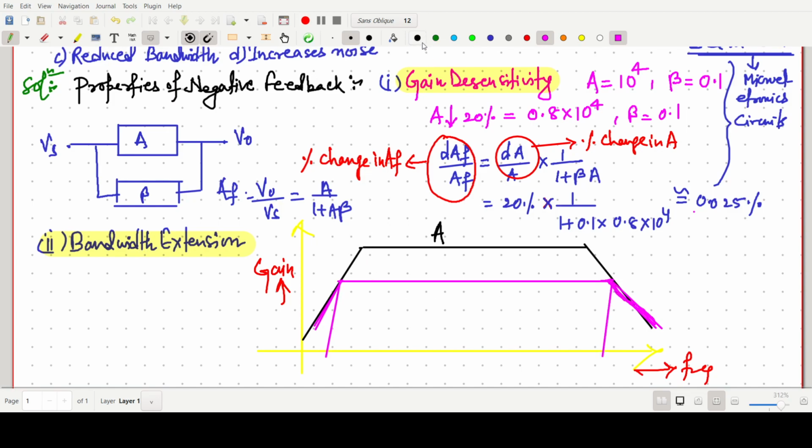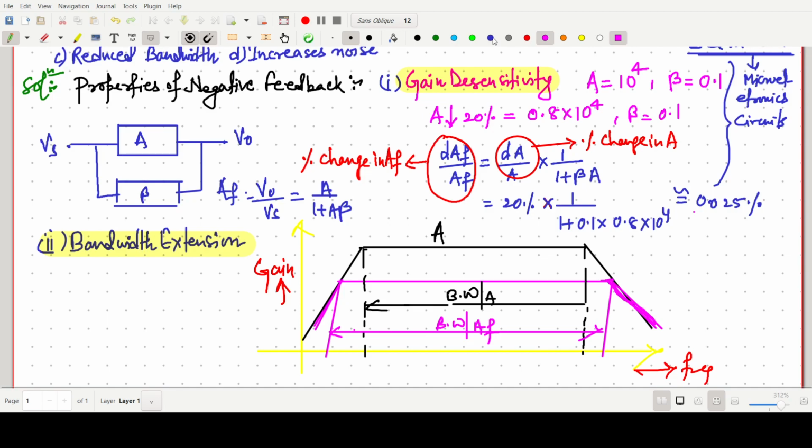Initially the bandwidth is more or less this one. This one is the bandwidth initially. But when this one is our Af, for negative feedback, the bandwidth will more or less increase.